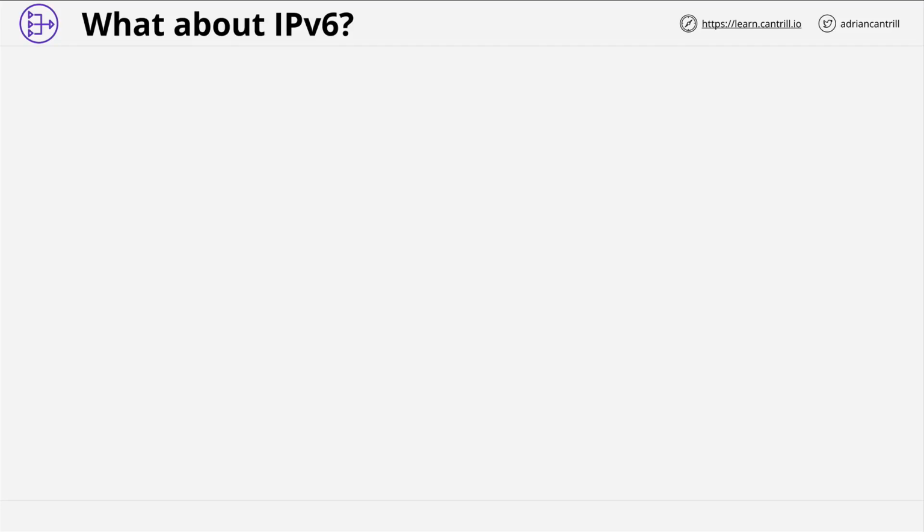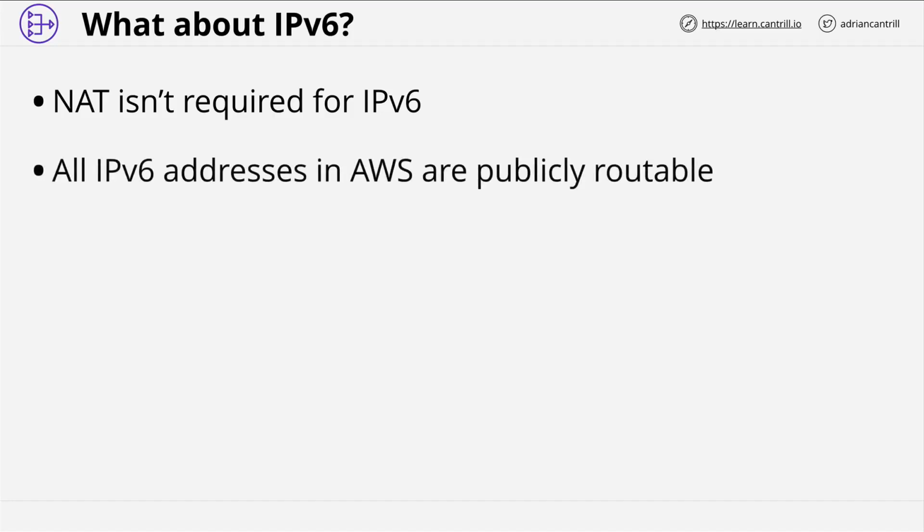What about IP version 6? Well, NAT is not required for IP version 6. The main focus of NAT is to allow private IP version 4 addresses to be used to connect in an outgoing only way to the AWS public zone and public internet. Inside AWS, all IP version 6 addresses are publicly routable.